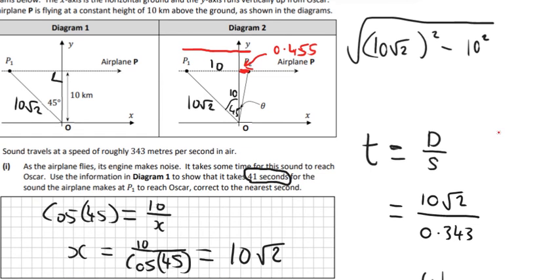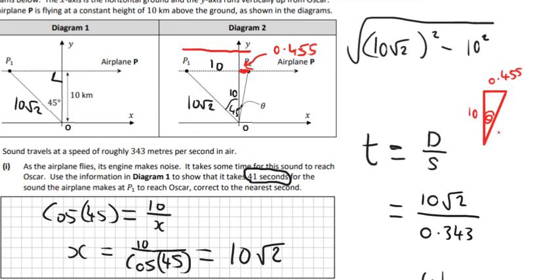So if I was to draw out that little triangle a little bit bigger, up here is 0.455, and then this here is what we're looking for, theta, and we know that this is 10.